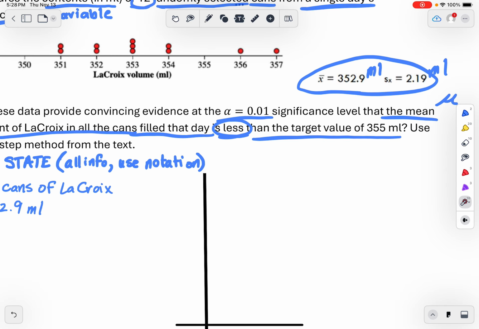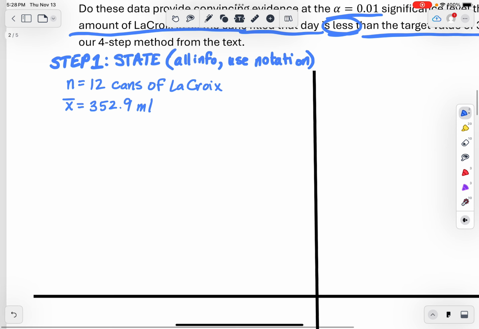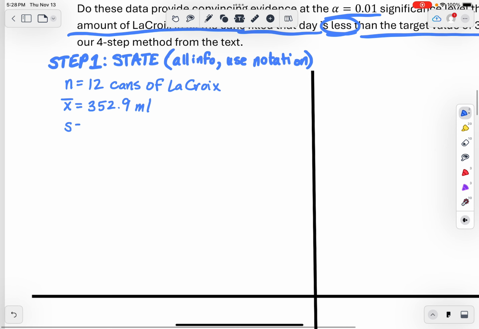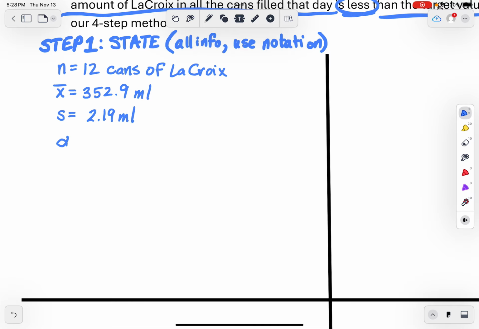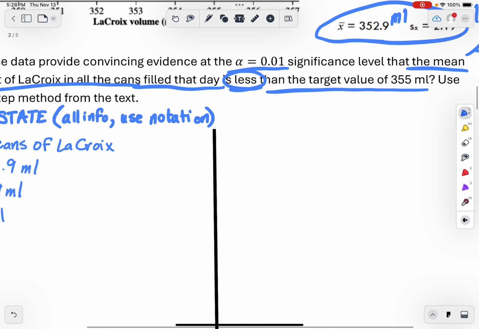We were also told that s, my sample standard deviation, was 2.19 milliliters. And then we saw that alpha was 0.01, a really small significance level, so this has got to be really weird in order to violate the null hypothesis here.